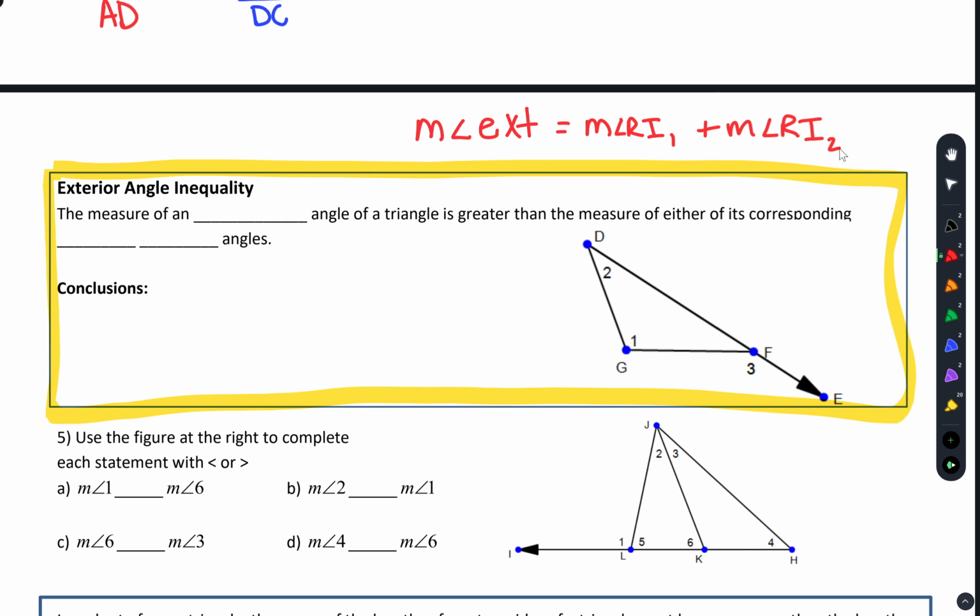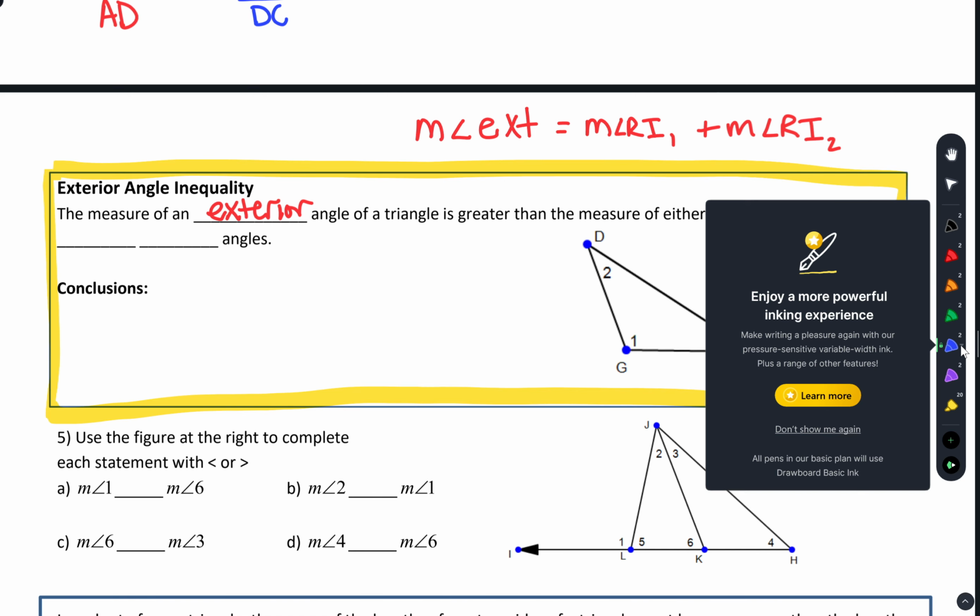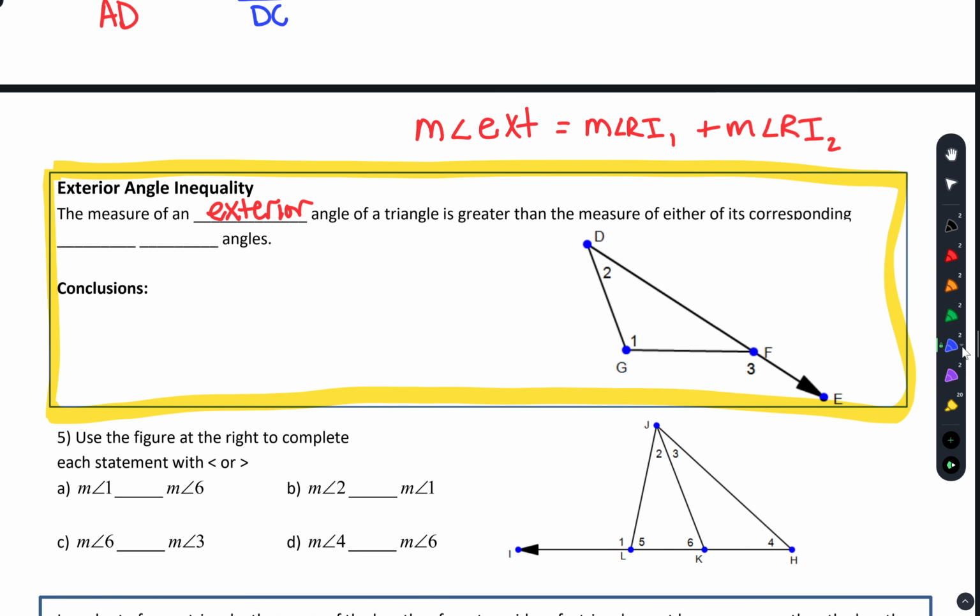That the exterior angle equals the two remotes added together. Now we're talking inequalities. It says that the measure of an exterior angle has to be greater than either one of the corresponding remote interior angles. And that makes sense, right? Because if I'm adding two angles together to get a third angle, that third angle obviously must be bigger than the other two.